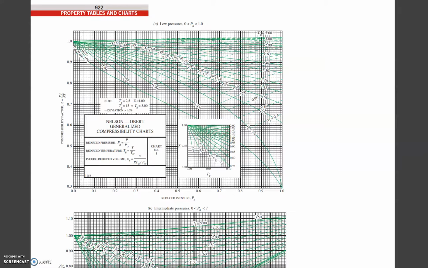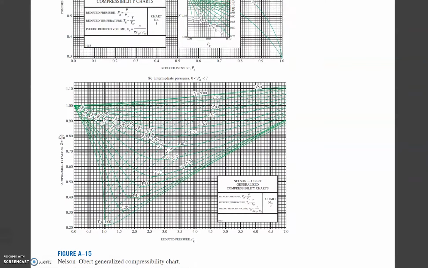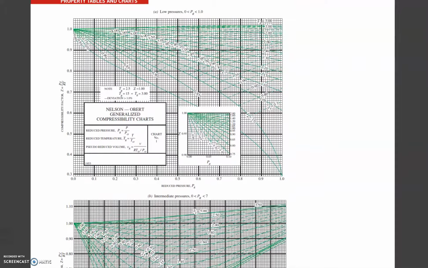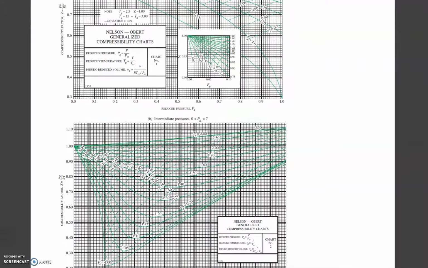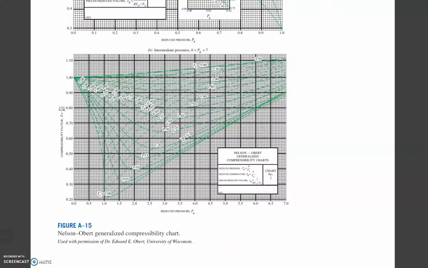A15. I guess you can see it from here. This is actually a chart, figure A15 in your book. There are two figures here to calculate the z factor. The top chart is for low pressure, if your PR is between 0 and 1, which is the case for us in this problem, and the other is for 0 to 7, so intermediate pressure ranges.